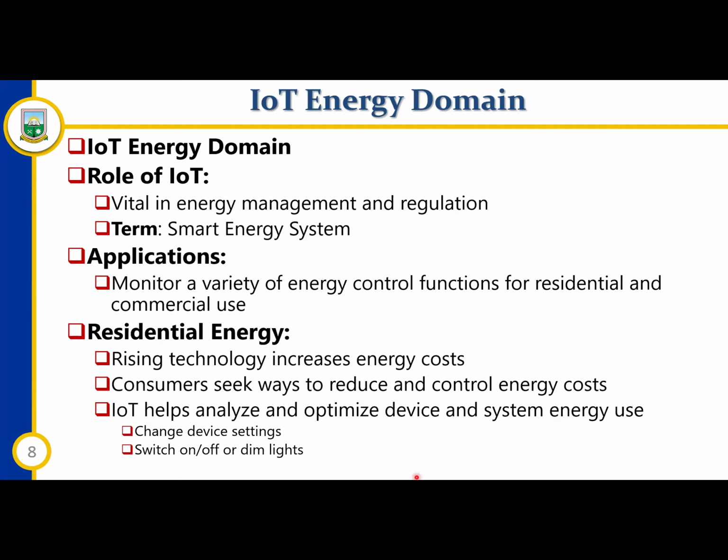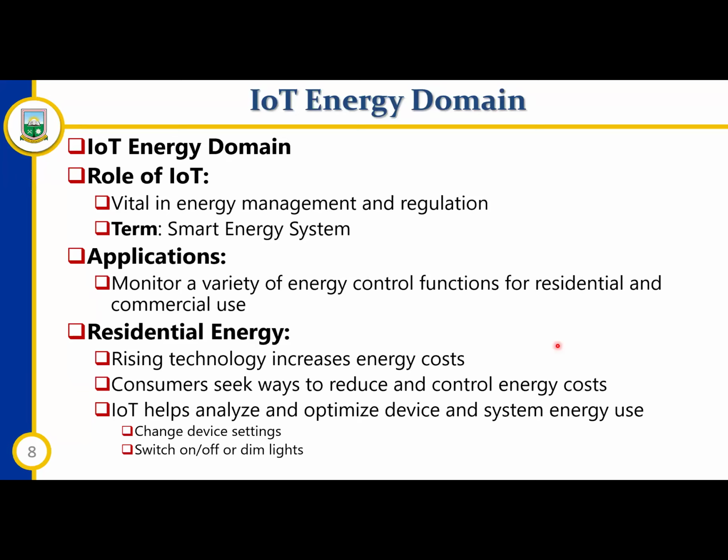So from here, you can see that because technology keeps increasing day by day, it also raises the cost of energy. We have different devices connected onto the national grid, doing so many things. We have these IoTs coming in. The moment technology increases day by day, the cost of energy goes up.